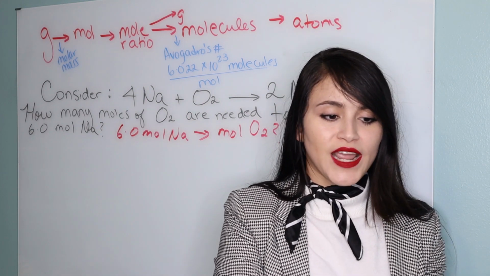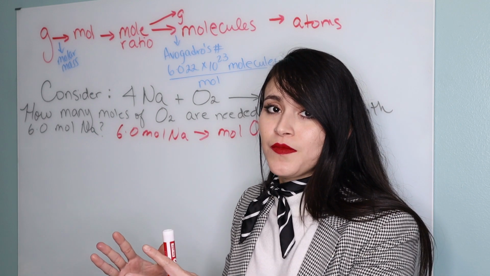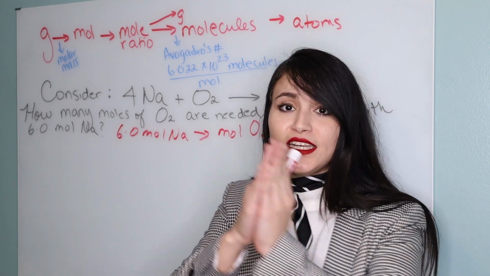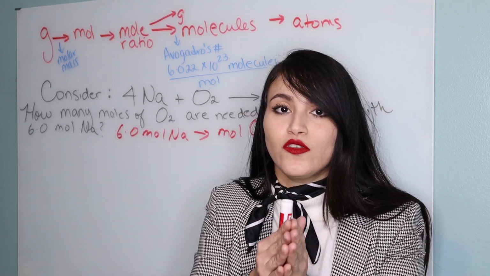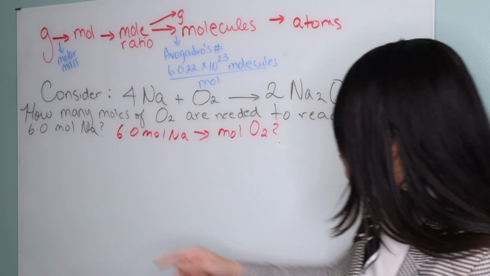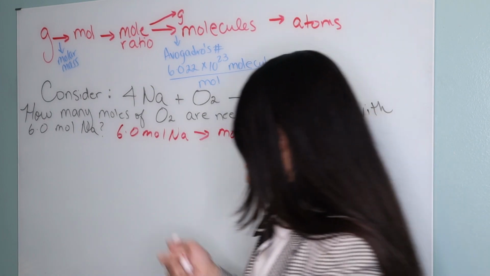So notice how you're starting with sodium and you're finishing up with dioxygen. So you start with one reactant, finishing up with another reactant. Every time that happens, you have to use the mole ratio. So every time that you start with one thing and finish up with something different, you have to go through the mole ratio. So let's go ahead and do that then. We're right here and we have to go through the mole ratio to get our answer.